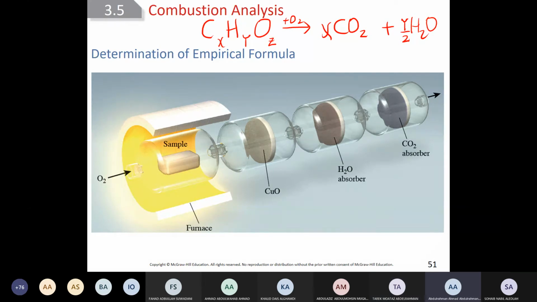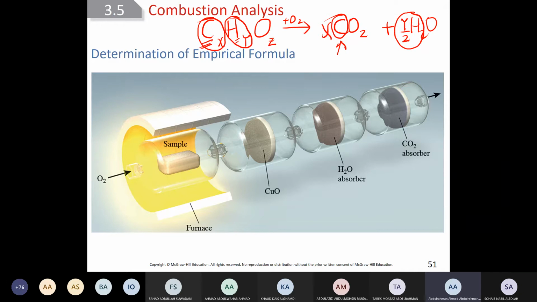Now all the carbon that comes from here is available here. So if I know the amount of carbon, I can tell how much carbon is available here, right? Yes. All the hydrogen that's available here comes from where? Here. And if I know the amount of hydrogen, I can tell how much hydrogen is available here.